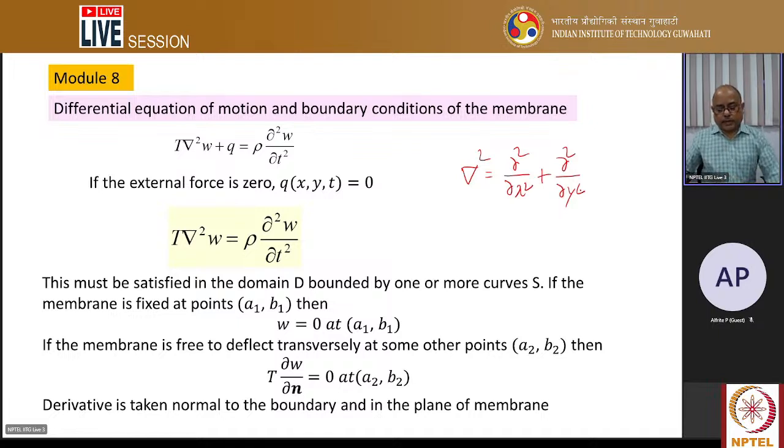So as a result, we get the equation both in derivative of x and derivative of y. And the right hand side of this equation is the inertia force.